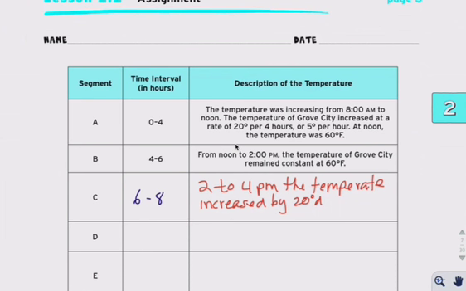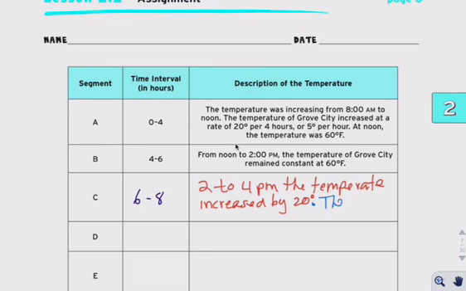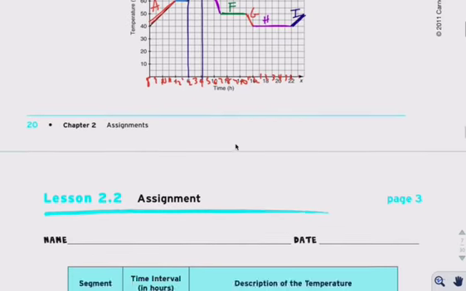So the rate of change, or the slope, because it's in 2 hours, is 10 degrees per hour. An increase, a positive 10 degrees per hour. Now the next interval, D, is flat.